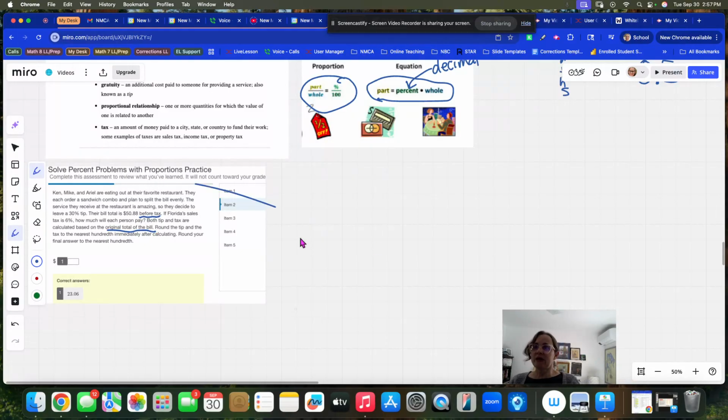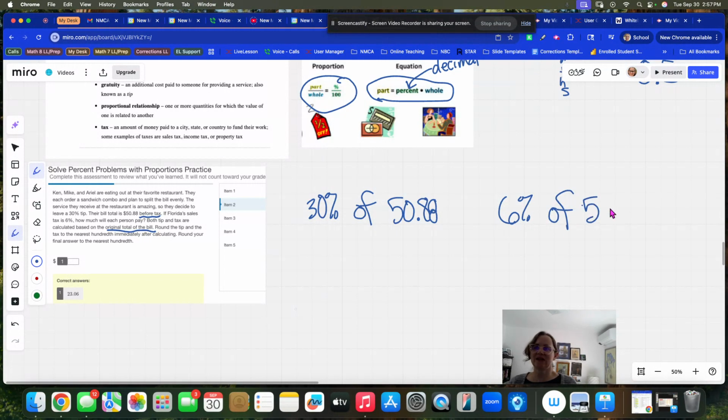Okay, so basically what I need to do here is find 30% of the bill, the $50.88. And then I also need to find 6% of the 50.88.